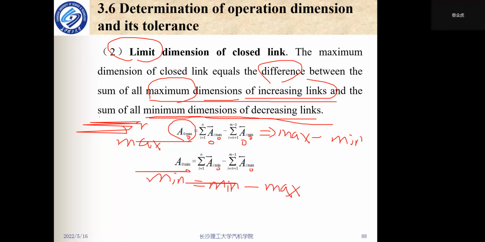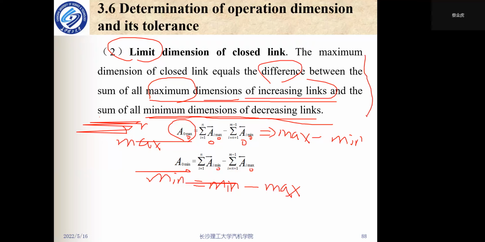So the limit dimension of the closed link: the maximum dimension of the closed link equals the difference between the sum of all maximum dimensions of increasing links and the summation of all minimum dimensions of decreasing links.